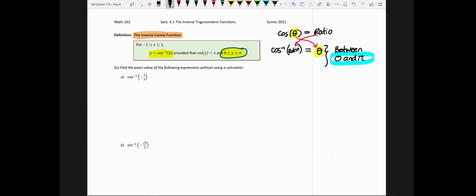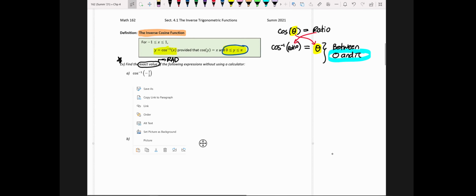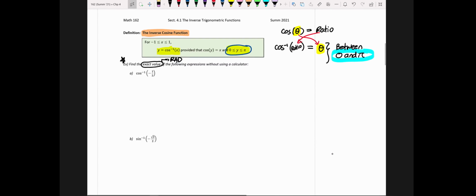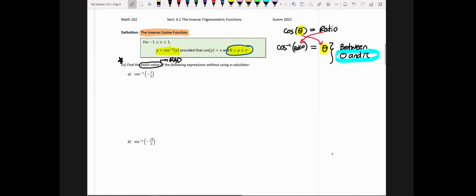So next example, we'll put a single star here for us to review. Find the exact value. When you see the term exact value, that means express your answer in radians. I gave us this note in chapter 1, but I'll remind us.